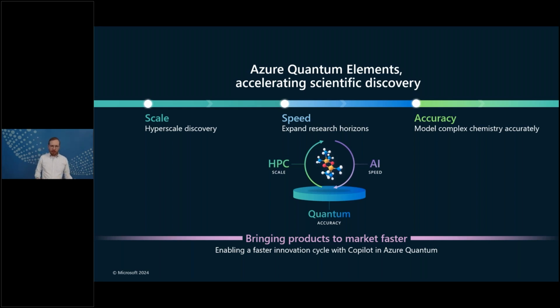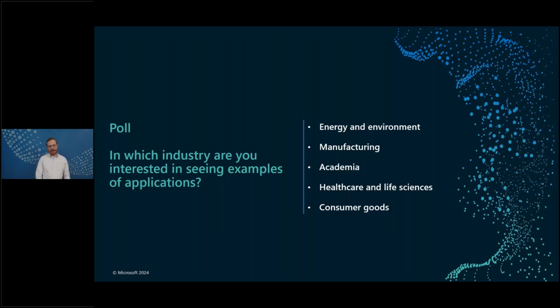We also bring in productivity tools coming from things like Copilot, an agent that can help you do your work faster, and the productivity you get from having something like a supercomputer in the cloud as a service. When we bring all these things together, we think we have the best platform to do chemistry and materials science. I'll talk more about these different pillars of the product later with some use cases.